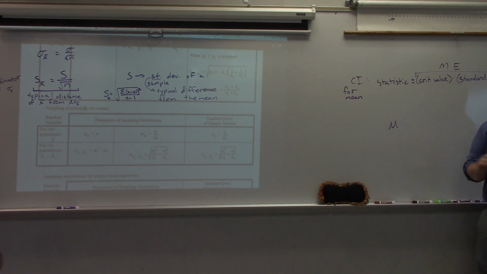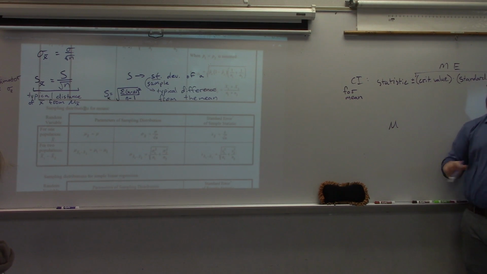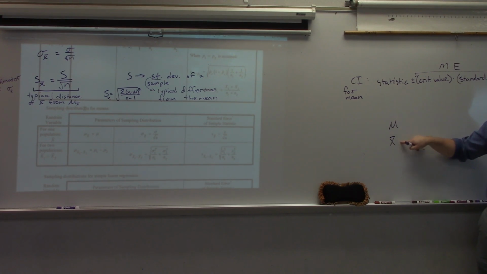Mu is my parameter. What's my statistic? X bar. Guys, sample mean, population mean. Sample mean, population mean. A statistic is the sample version of it. So Peyton, what's my statistic?